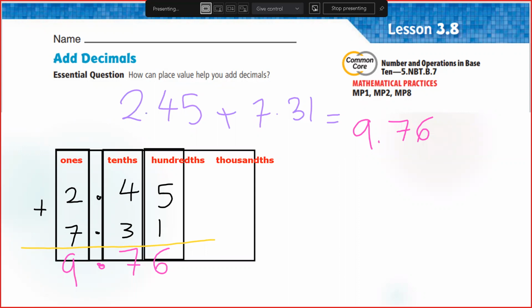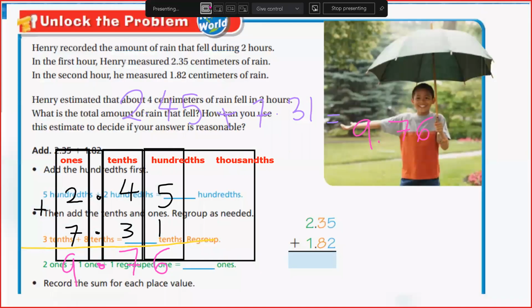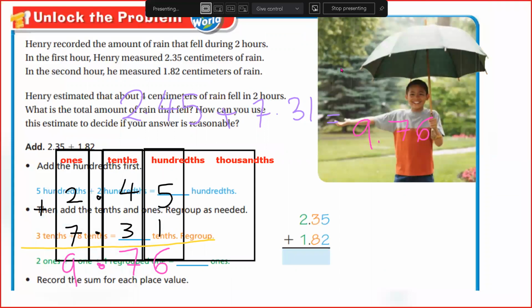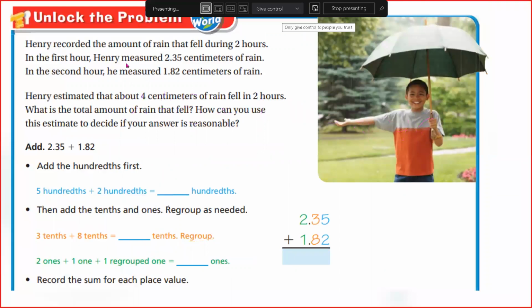Now, let's have this example here. Henry recorded the amount of rain that fell during 2 hours. In the first hour, Henry measured 2.35 centimeters of rain. In the second hour, he measured 1.82 centimeters of rain.